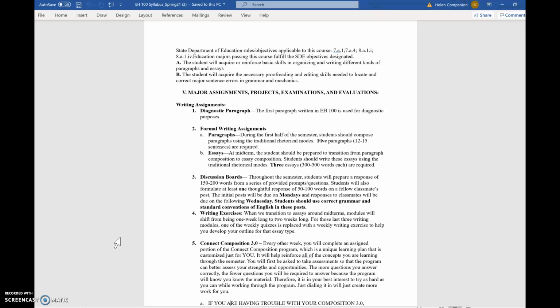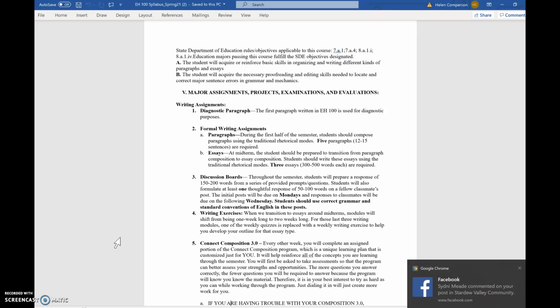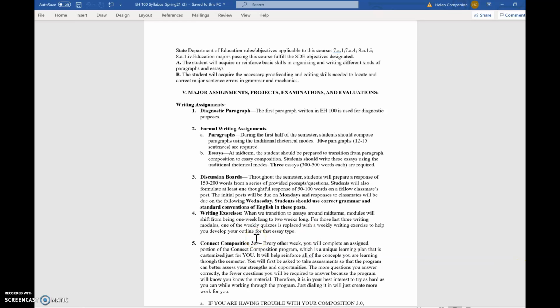The Connect Composition will help identify that and help you to compose stronger topic sentences. And this helps to supplement the one-on-one instruction that is more difficult to offer in an online class, because it's a lot harder for us to sit down in my office and work through things.